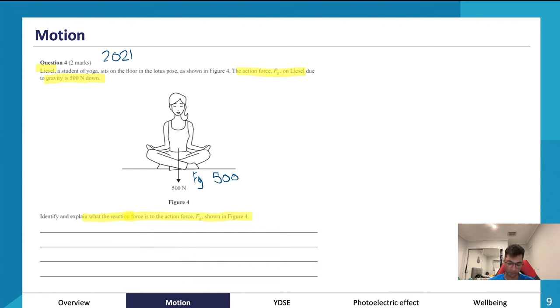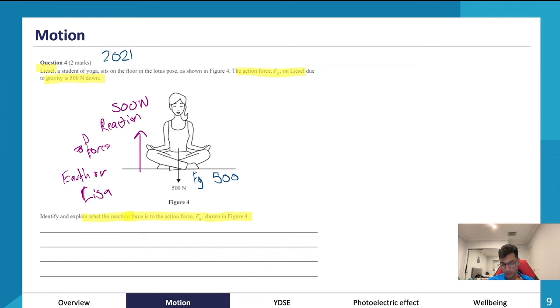I'll show you what a lot of students did. 500 newtons of gravity downwards. So obviously the reaction force is going to be 500 newtons upwards, and this is going to be the reaction force of the Earth on Lisa.